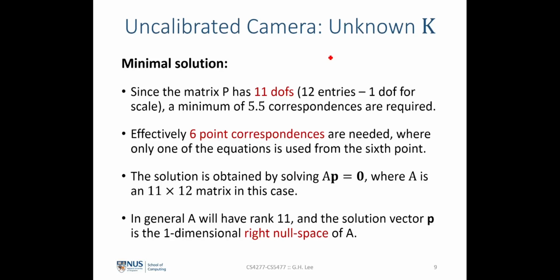Given a homogeneous linear equation that looks like this, where A here is 2n by 12 and P here is 12 by 1, this simply means that we have 12 unknowns in this particular P vector.